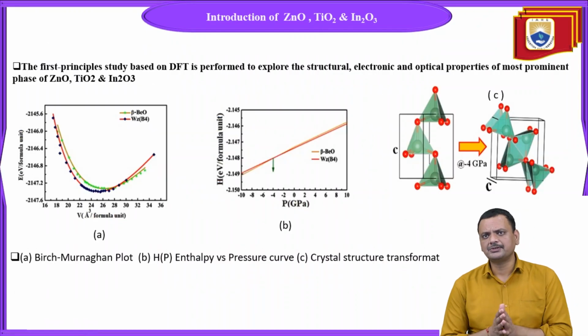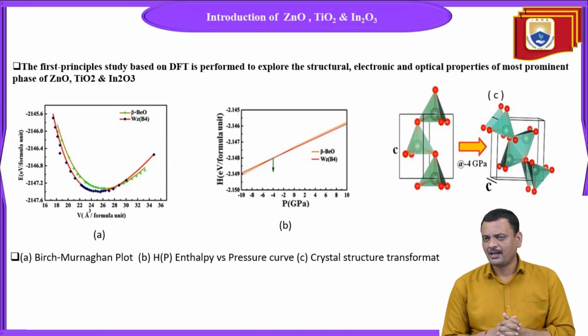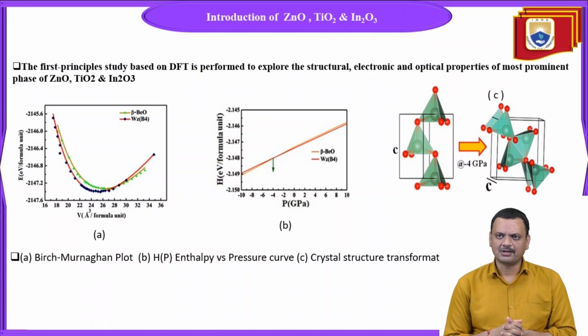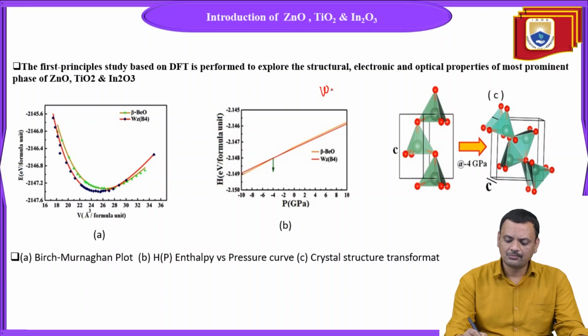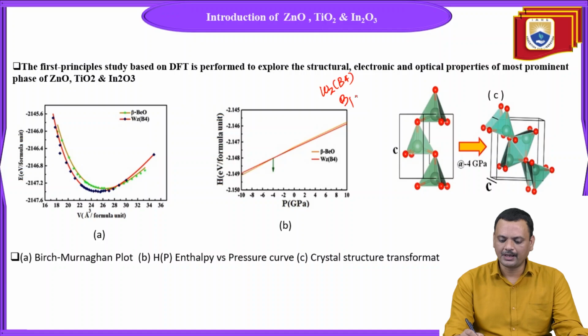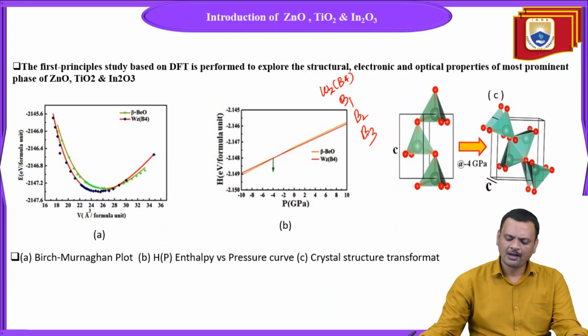Okay. So zinc oxide is found in 8 phases normally, but mainly 3 phases are well studied: the Wurtzite B4 phase, B1 phase, B2 phase and B3 phase. B1, B2, B3, B4.